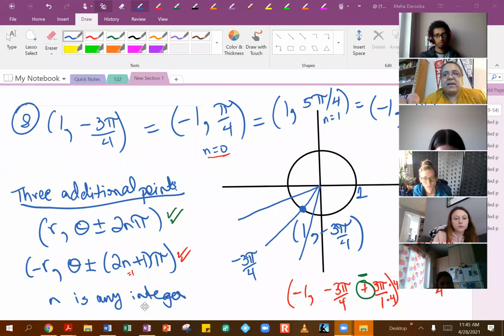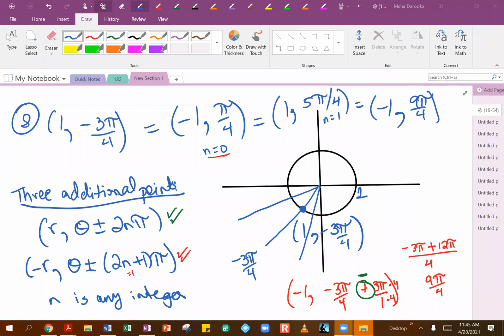So how can we fix that? That means we cannot use 9 pi over 4, because your angle theta has to stay between 2 pi and -2 pi.